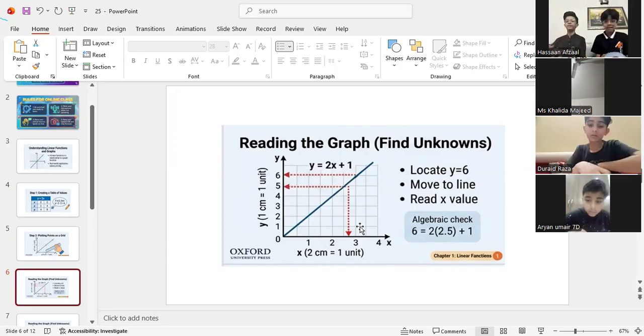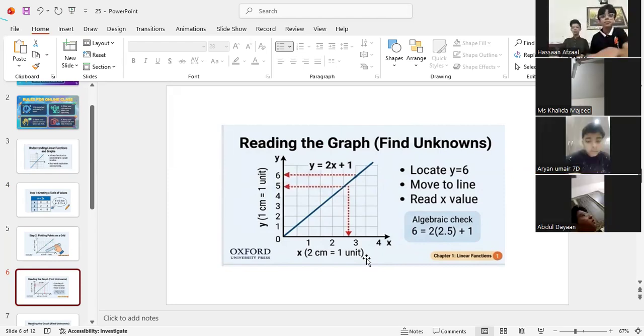I'm reading the question. On a sheet of graph paper, using a scale of 1 centimeter to represent 1 unit on the x-axis and 1 centimeter to represent 1 unit on the y-axis. What does this mean? I will tell you how to draw the graph. Clear?